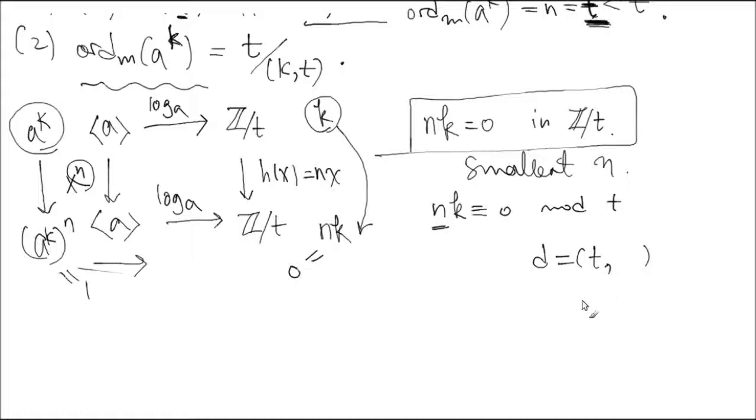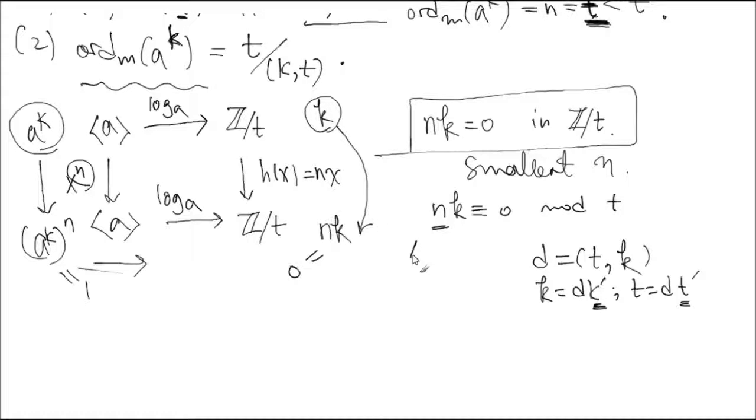What is unknown? Unknown is n. Coefficient is k, right? So these two give d. If you want to cancel, then k is dk prime, and t is dt prime. And you know k prime and t prime are relatively prime, because you factor out all that.